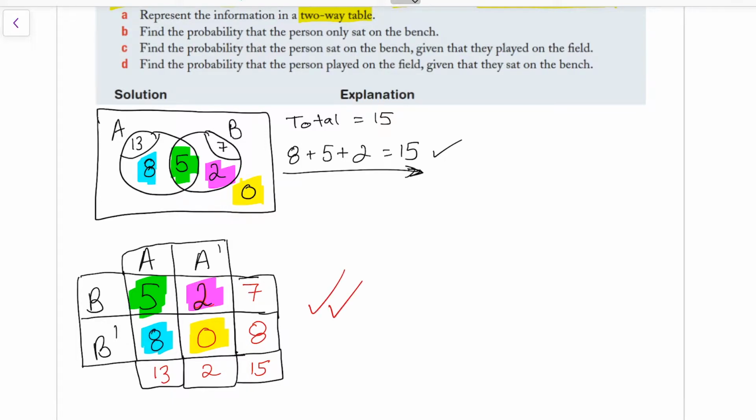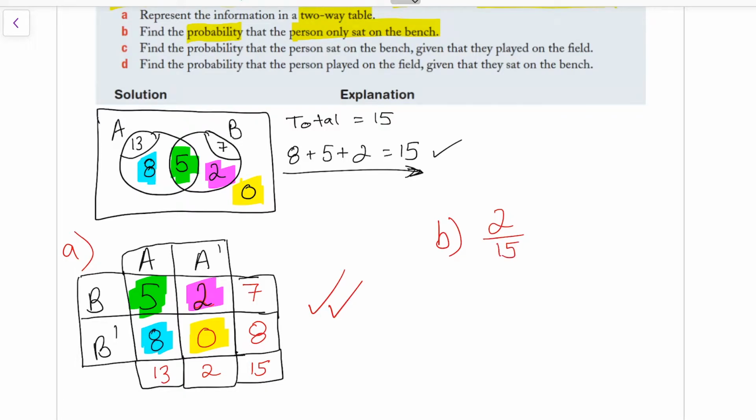So once you've done your two-way table, now they're asking us some of our probability questions. So now I can go back to what the questions were asking. Find the probability that the person only sat on the bench, hence they've used the word only there. So the person who only sat on the bench, there was 2 out of 15.